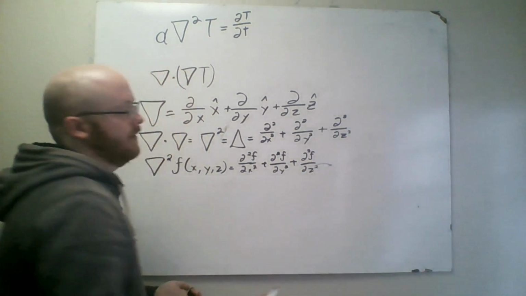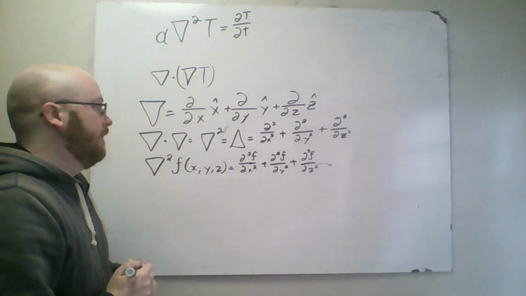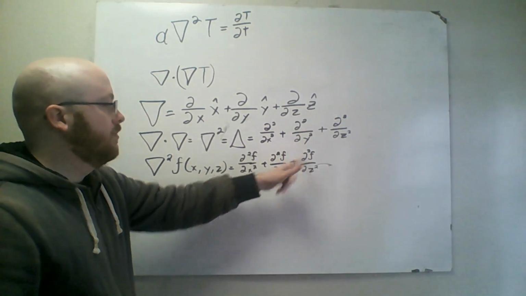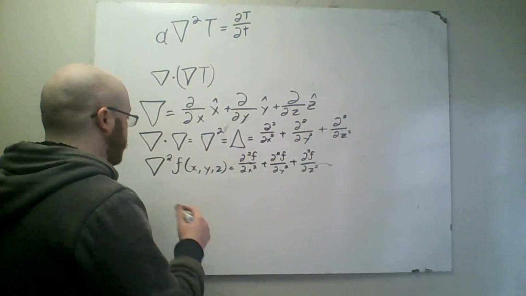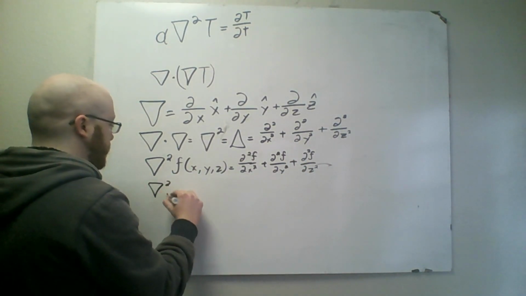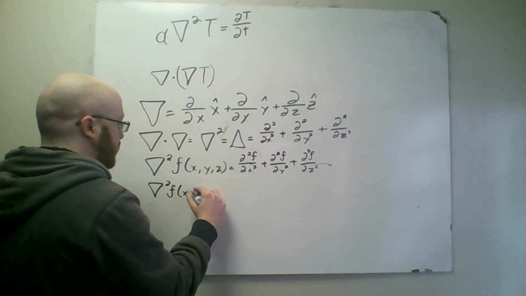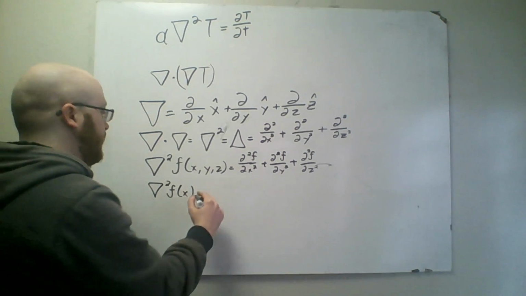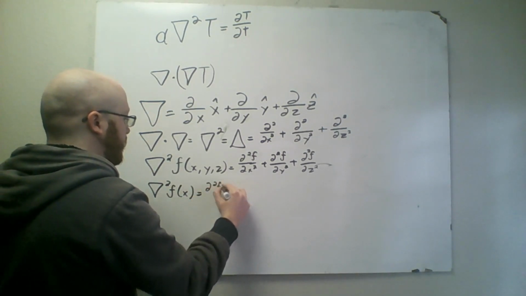So we'd end up getting this. But if f doesn't depend on y or z, then these are both 0. So say f we could model as f of x, it doesn't depend on y or z, and we just end up with the x term.